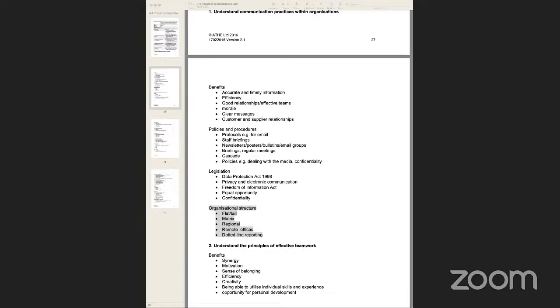So we'll go into a bit of detail, and for that I'm going to share with you a particular handout, and that handout would essentially cover the organizational structures in a great amount of detail.